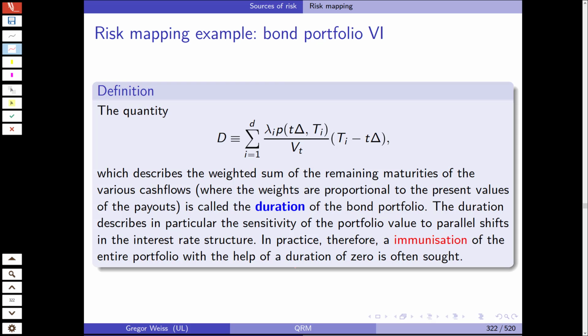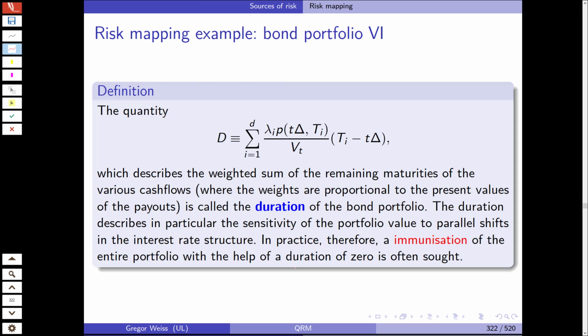You've probably seen this in another lecture. This formula is the so-called duration of the bond portfolio. It's the weighted sum of the bond prices divided by the portfolio value times the remaining maturity. And the duration describes the sensitivity of the portfolio value to a parallel shift in the yield curve.